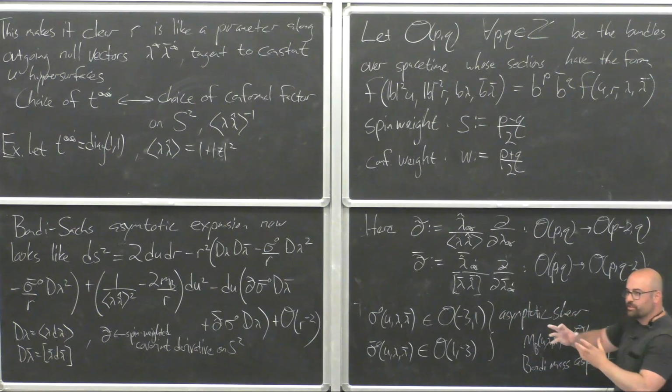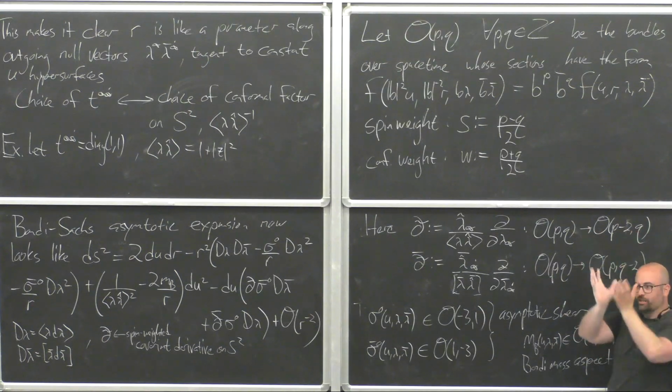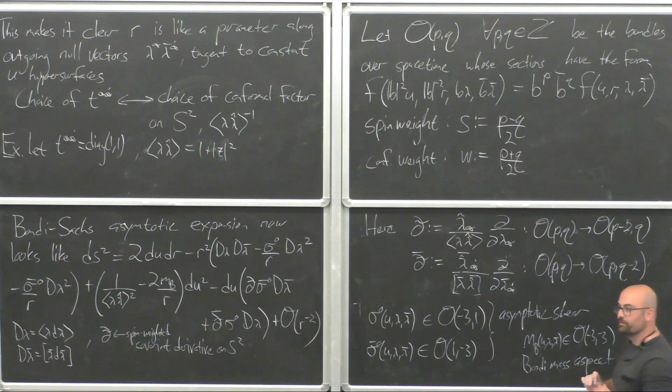What this sigma naught is controlling is the transversal deformations of those light cones at large r. Well, I haven't said what null infinity is yet. Yes, if you conformally compactify, this is literally the shear of those constant u hypersurfaces at null infinity, future null infinity.